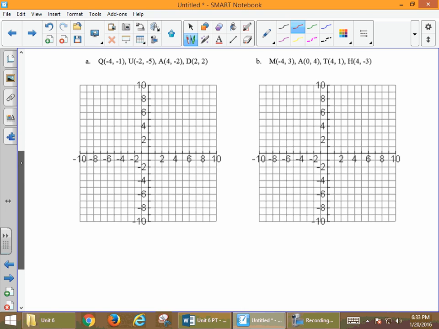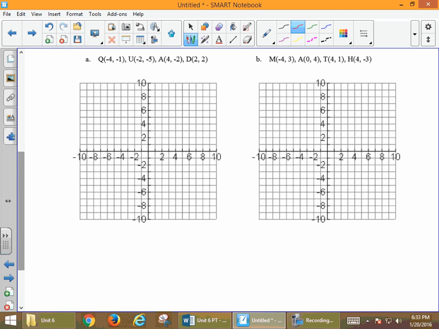Q is at negative 4, negative 1. U is at negative 2, negative 5. A is at 4, negative 2. And D is at 2, 2.